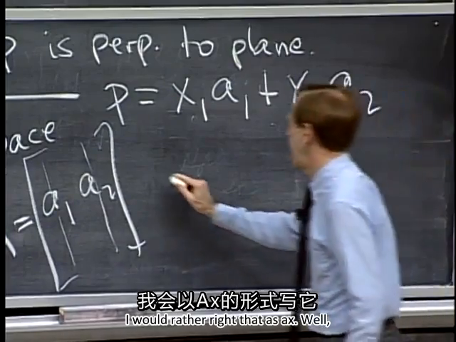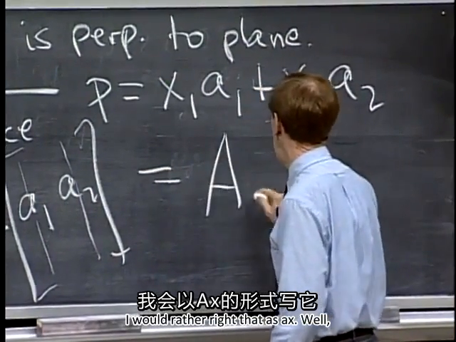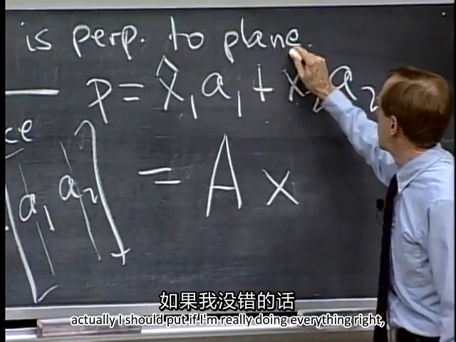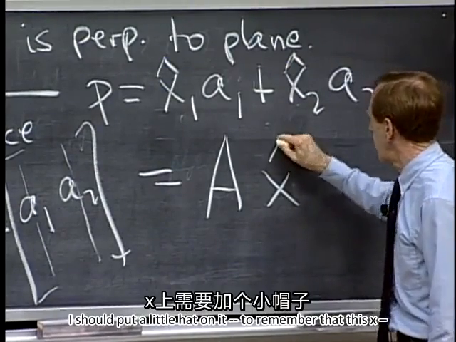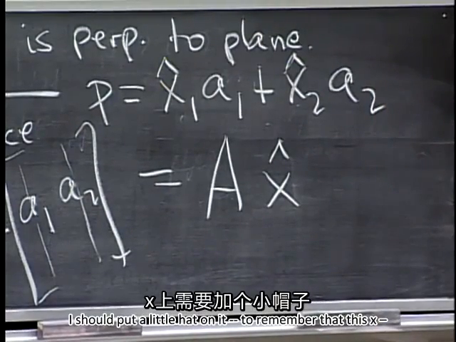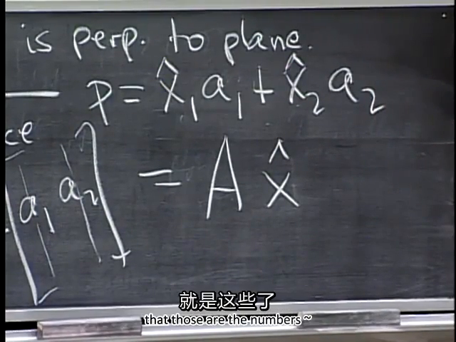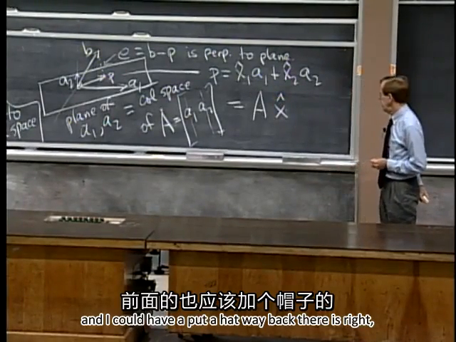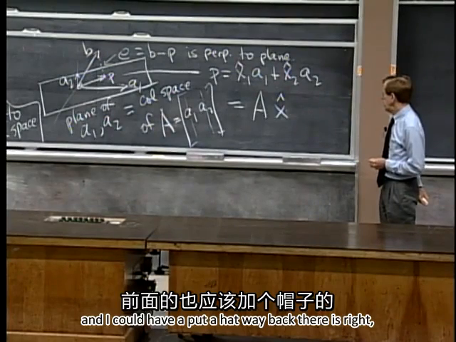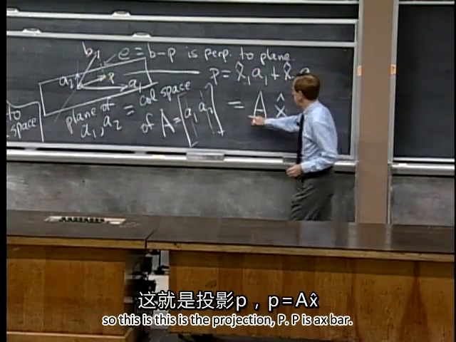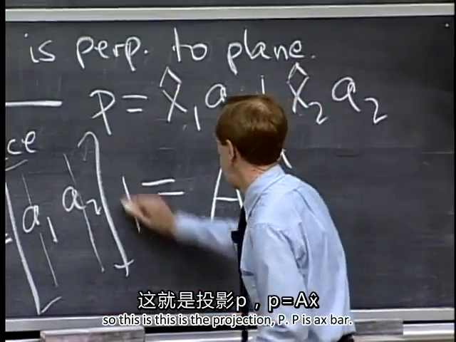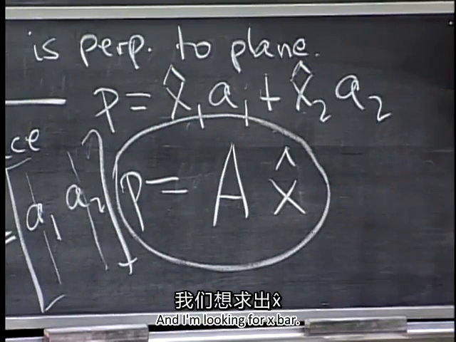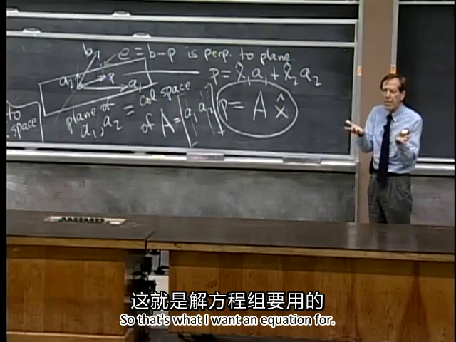I would rather write that as Ax. Well, actually, if I'm really doing everything right, I should put a little hat on it to remember that those are the numbers, and I could have put a hat way back there. So this is the projection, P. P is A x hat, and I'm looking for x hat. So that's what I want in an equation.